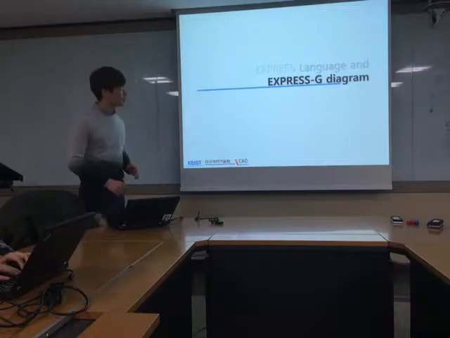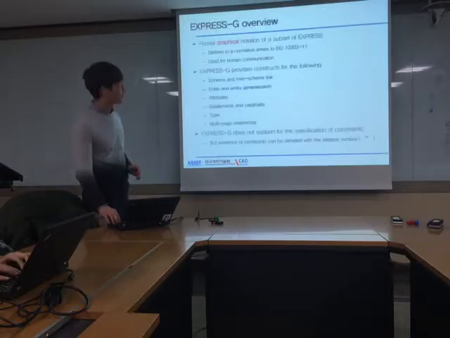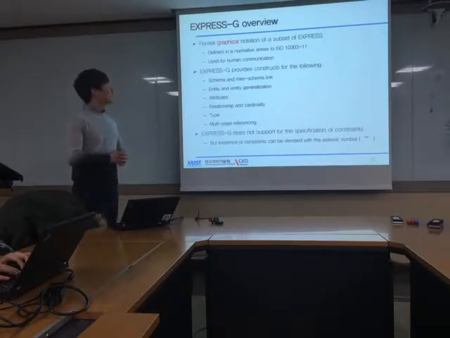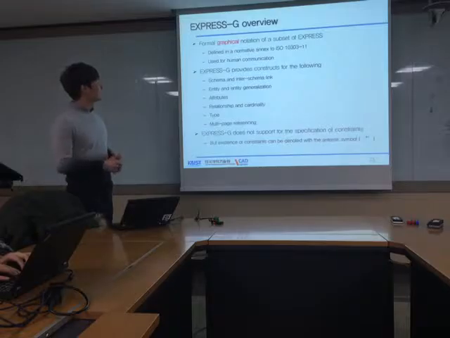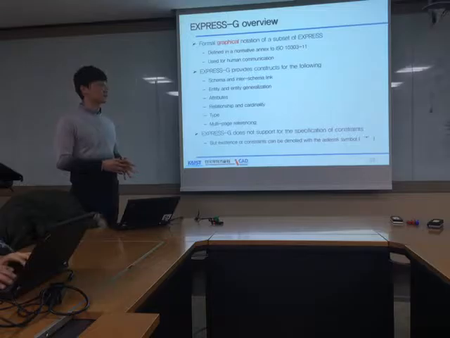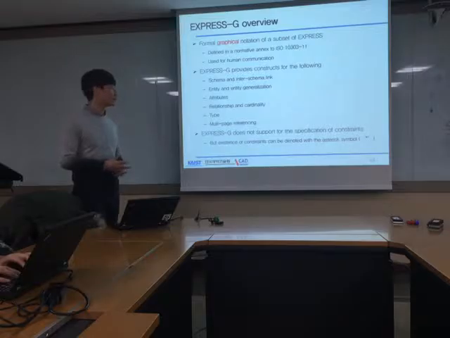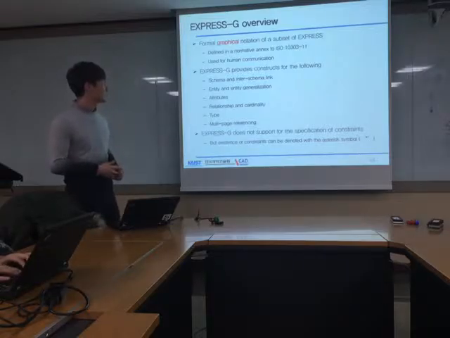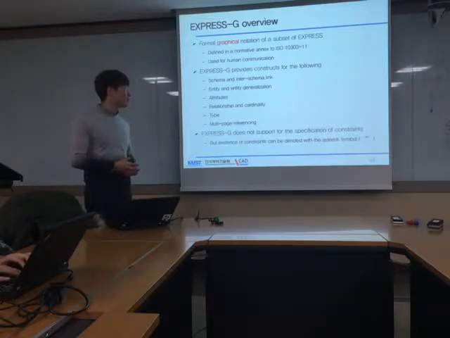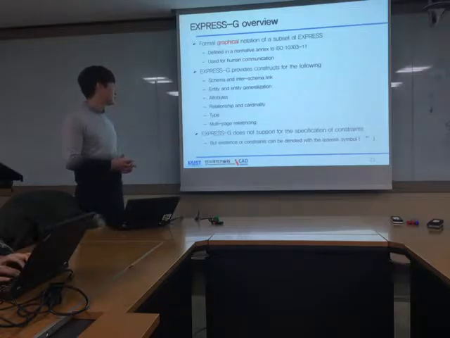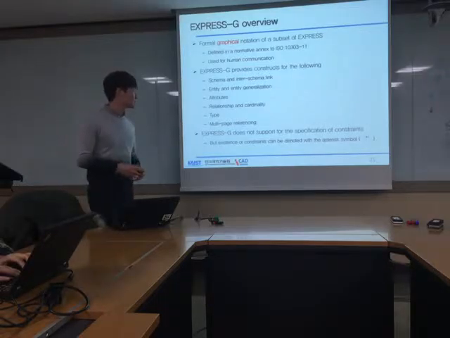And I'll talk about the Express tree diagram. This is the overview. Express tree provides controls for the following: the schema and interschema link, entity and entity generalization, attributes, relationship and cardinality, and type and multi-page referencing.